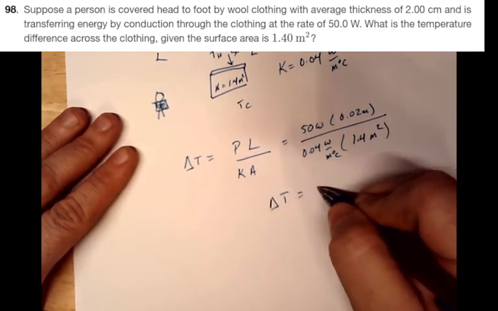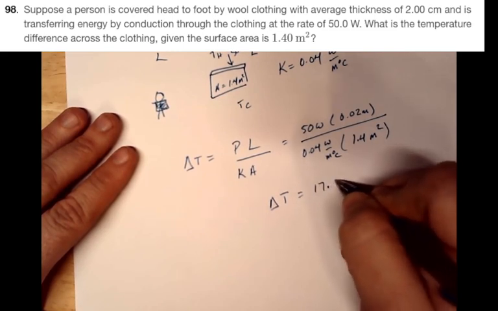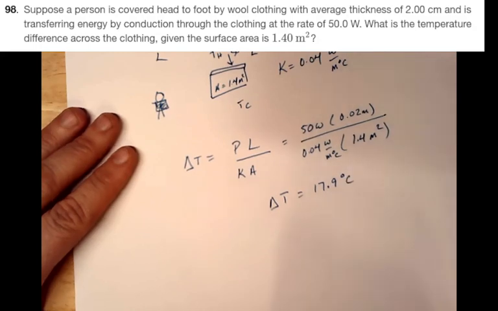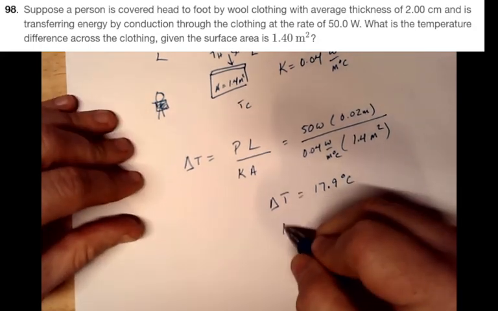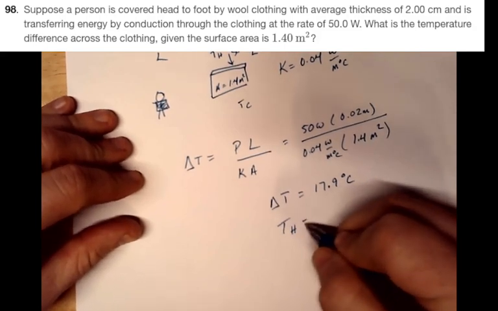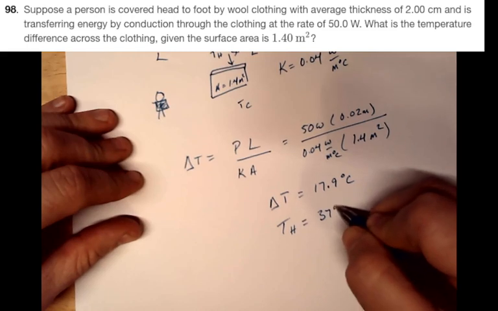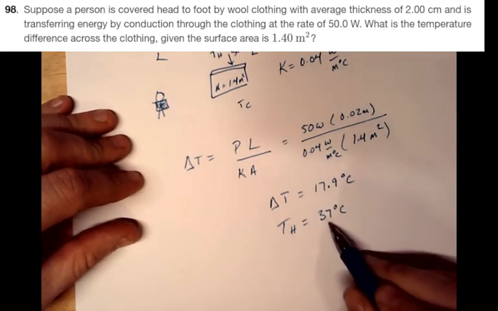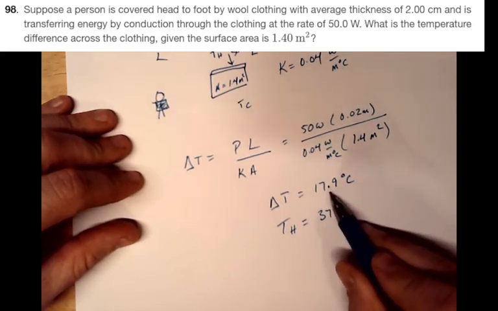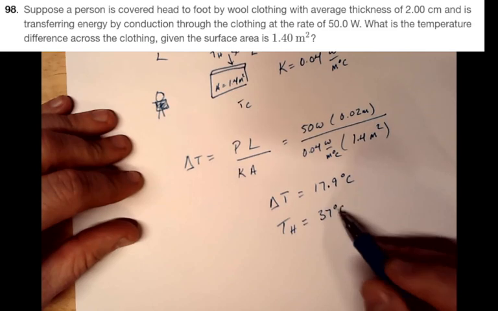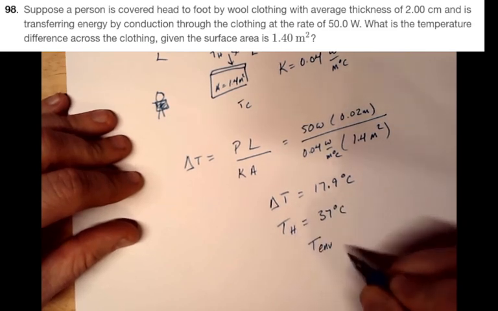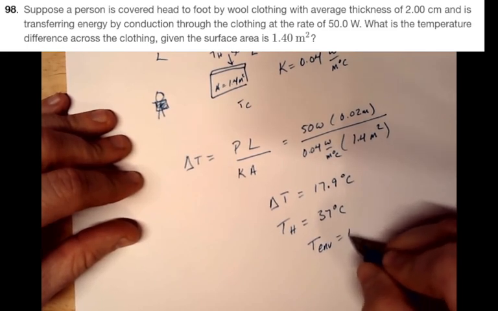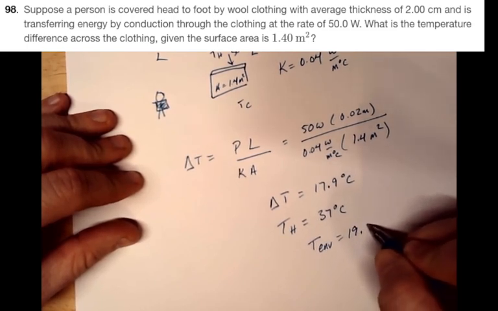And I got 17.9 degrees Celsius. So remember that a human is going to be about 37 degrees Celsius. So this should be the difference in these, the environmental temperature should be about 19.1.